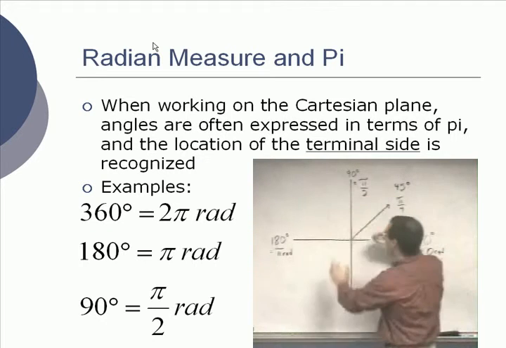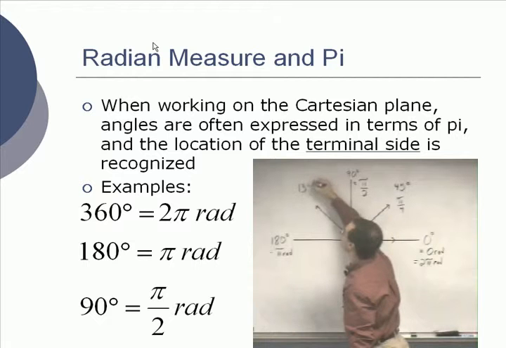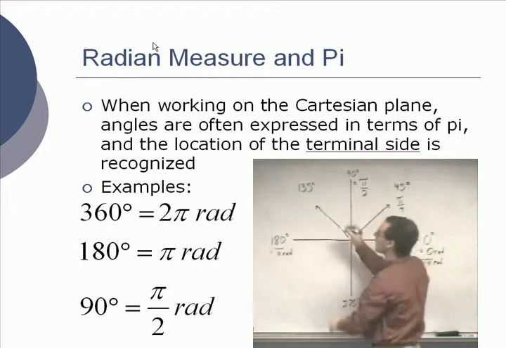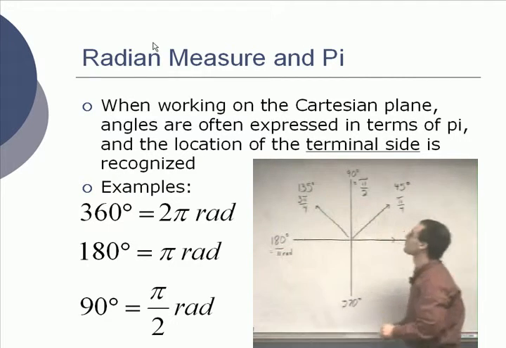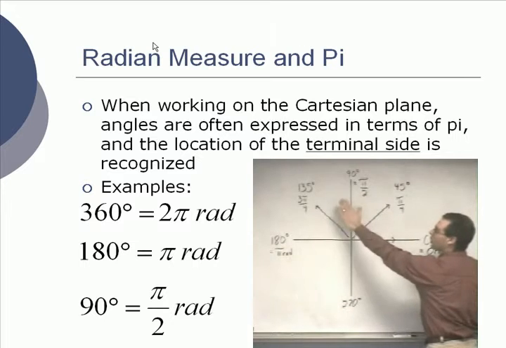Now if we go 45 degrees in the other direction, into the second quadrant, we'd have 135 degrees, which is 3/4 of the way over to 180, or in other words, 3 pi over 4. Okay, and so on. Those are all assuming positive angles. What if we had a negative angle? For example, negative 45 degrees. Positive means we rotate counterclockwise.